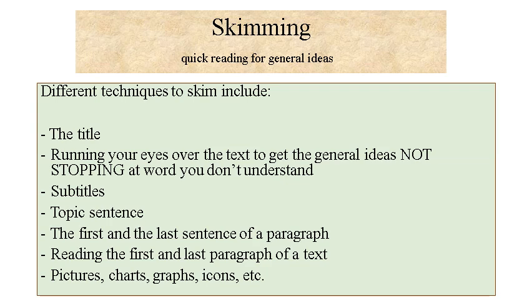You read quickly. You look at such things as the title, running your eyes over the text to get the general ideas, not stopping at words you don't understand. You read subtitles, the topic sentence or topic sentences. You also look at pictures, charts, graphs, icons, etc. for clues to what the text is about.